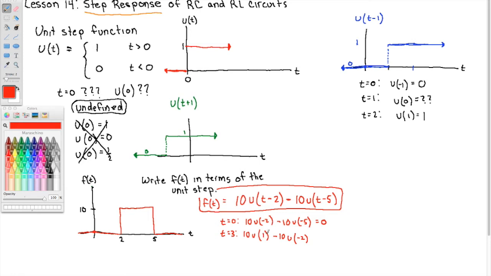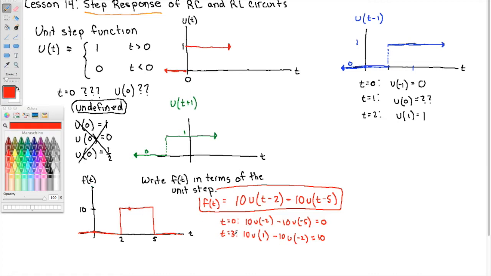Well, this is a positive argument to the unit step. So u of 1 is 1, so this is 10. U of minus 2 is 0. So this is 10. That's good, and that's this point right here. It lies on our function.